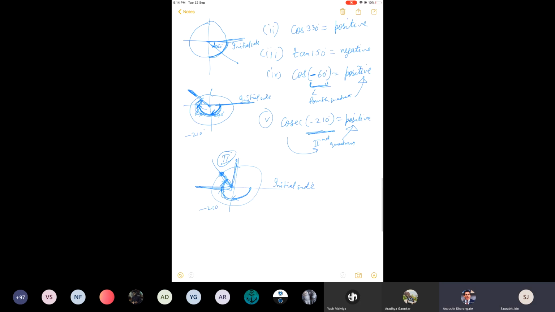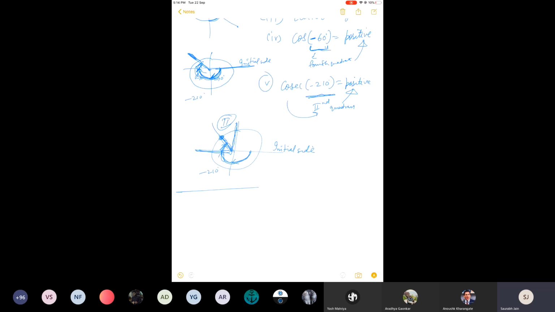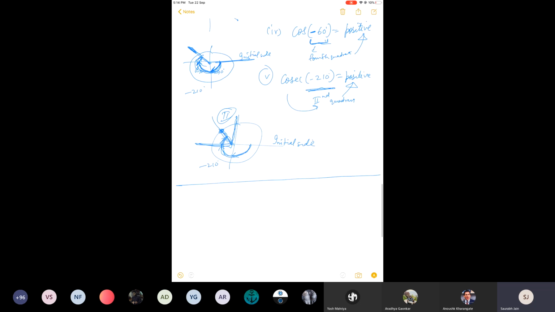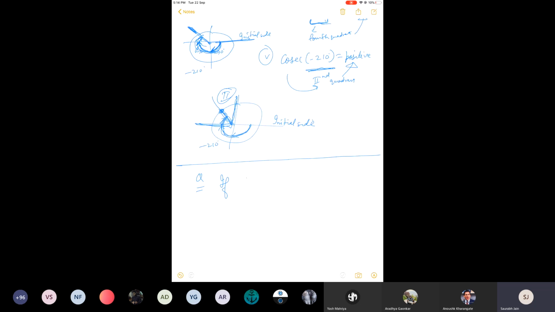Okay, so this is one thing with respect to the quadrant system. Now, there are some questions that will be in the second exercise of your textbook. There are two types of questions. Let us take the first one. You used to solve such type of questions in class 10th also, not exactly the same, but kind of.